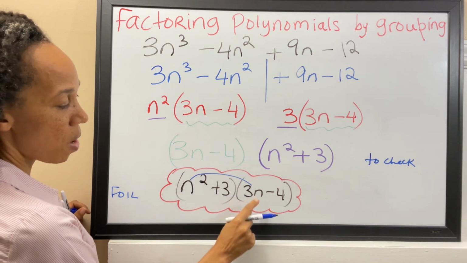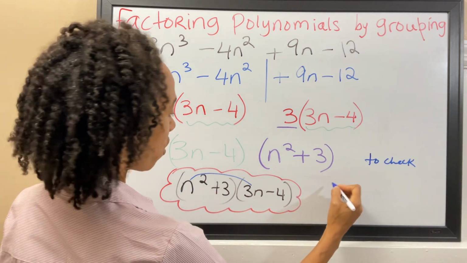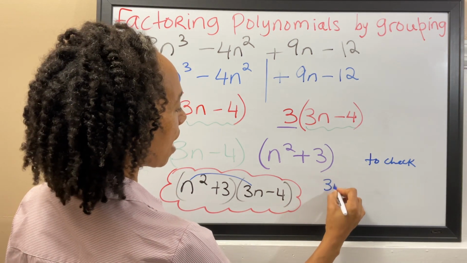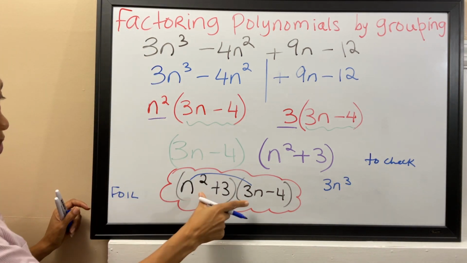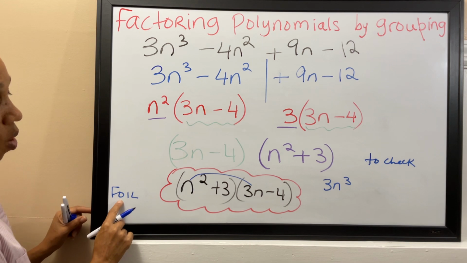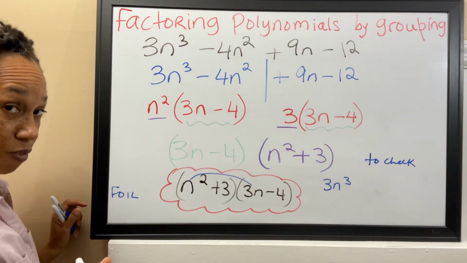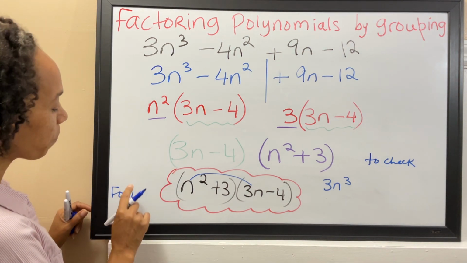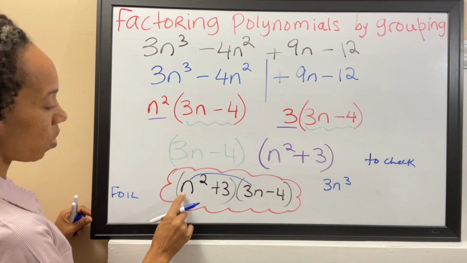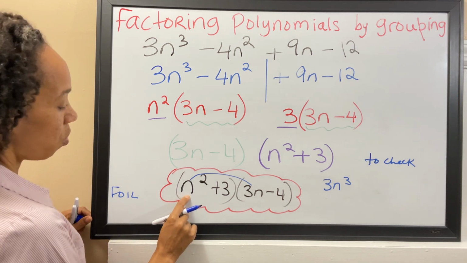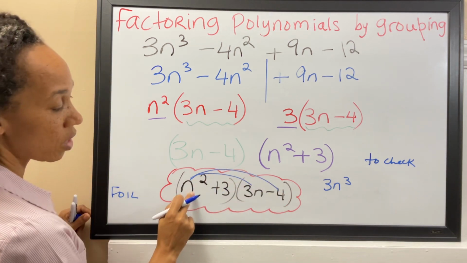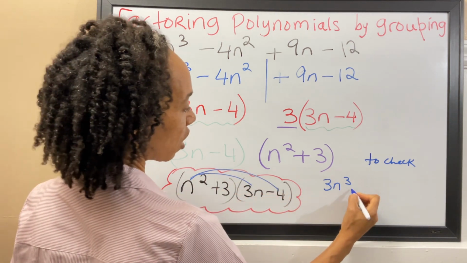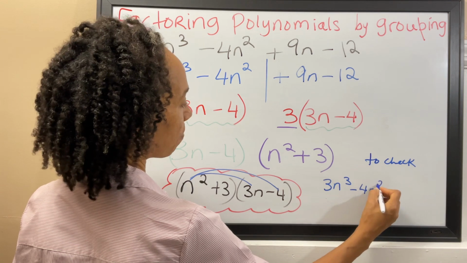So n to the second power times 3n, I'm going to get 3n to the third power. Now O, that was the first terms I multiplied. O is going to be, and I'm going to do another video on this, sidebar, O is going to be now the first term with your outer term. So n to the second power times -4 is going to be -4n to the second power.